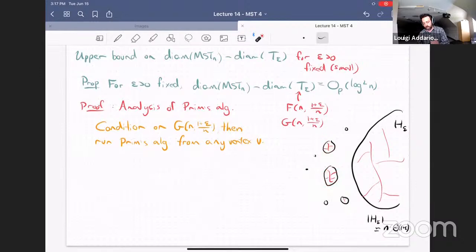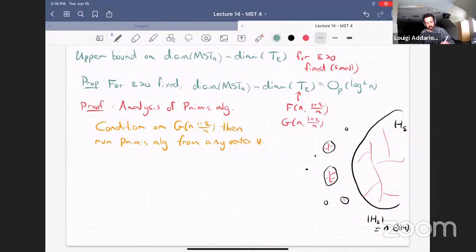If none of the components it goes through has size bigger than 100 and it only makes 5 steps, then 5 times 100 is an upper bound on the diameter increase due to that particular path. So if I can show that no matter where Prim's algorithm starts, it's not very likely to build a very long path, then I can use that as an overall bound on the diameter increase.